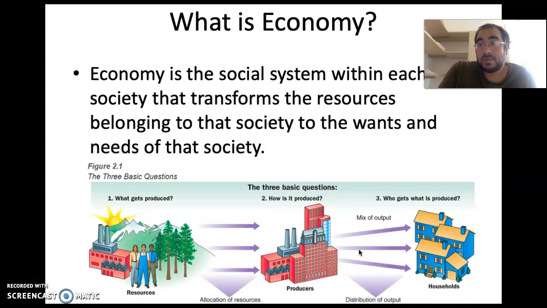In a way, the economic system is the system which transforms the resources to the wants and needs of the society in the most basic sense. Of course, labor is part of the resource, which means each person is acting as owner of the resource in at least his or her labor power, and also the consumer of wants and needs.